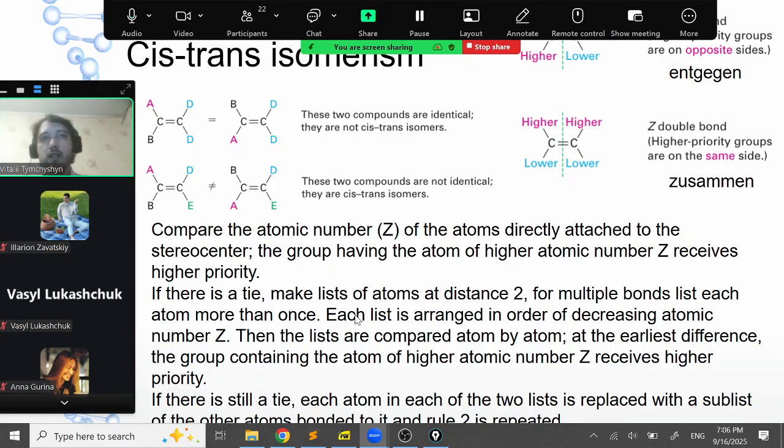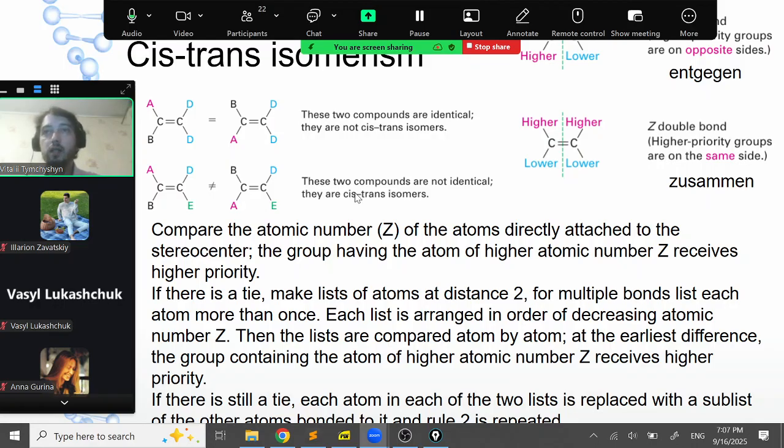And since these rules are pretty arbitrary, knowing them doesn't really make you better or worse at chemistry, but if you read some books, you will see this terminology, and I want you to not be afraid of that. It's just a way of describing how some substituents are positioned in 3D space.